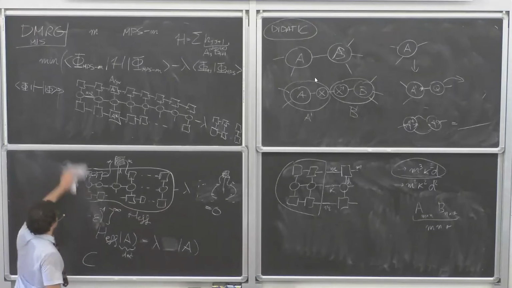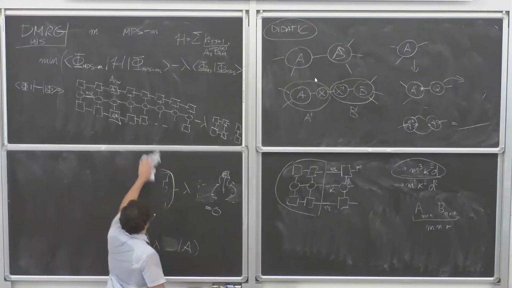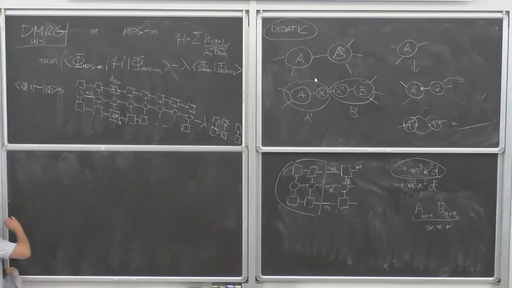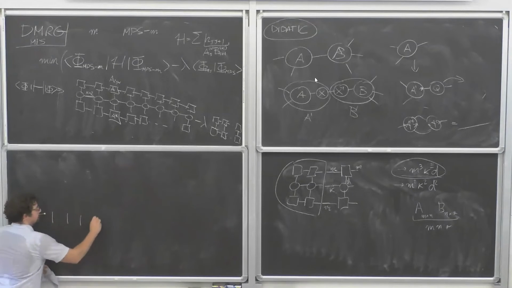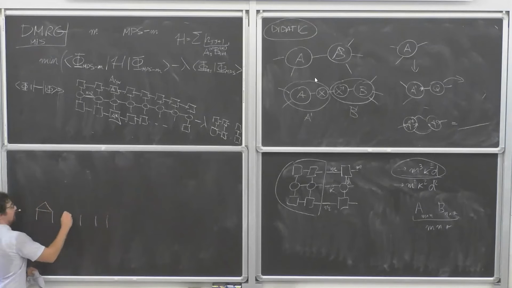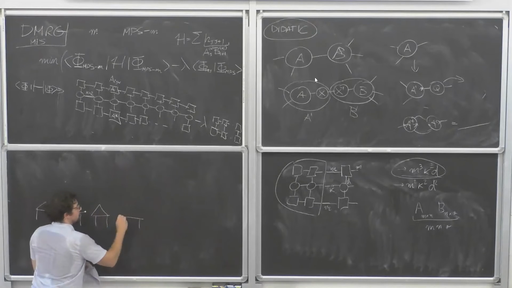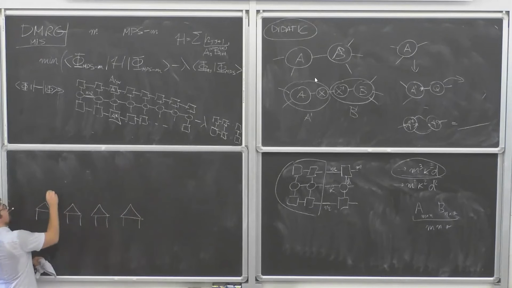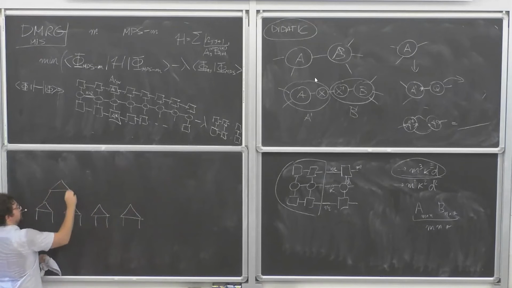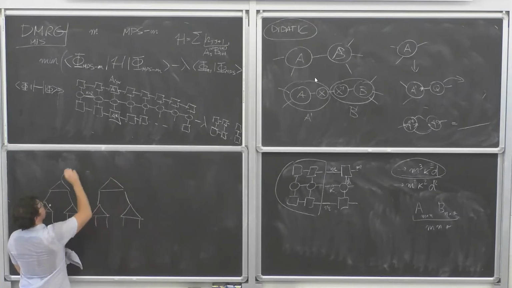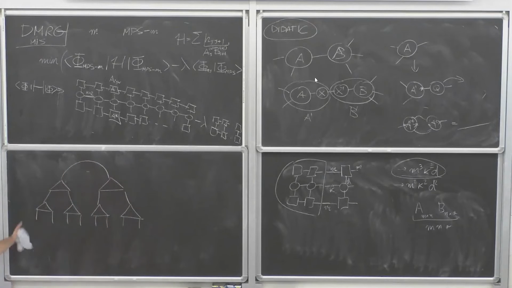Because now, let me give you this example. Now we don't do any more matrix products. We're in a different state, a state that is similar to a tensor network ansatz wave function that is similar to a real space renormalization. This is a tree network.